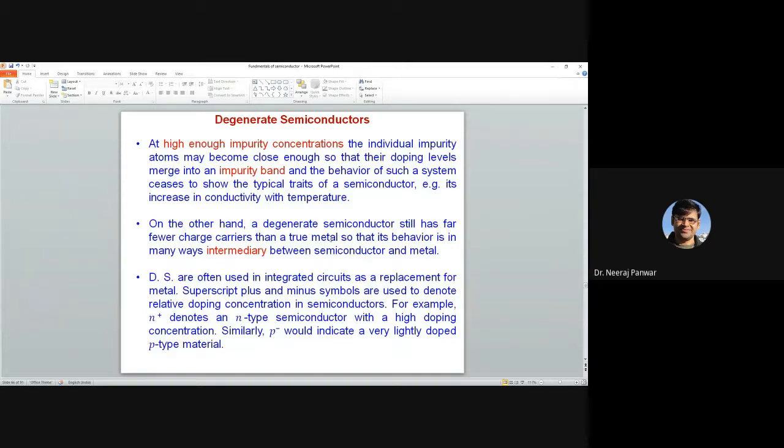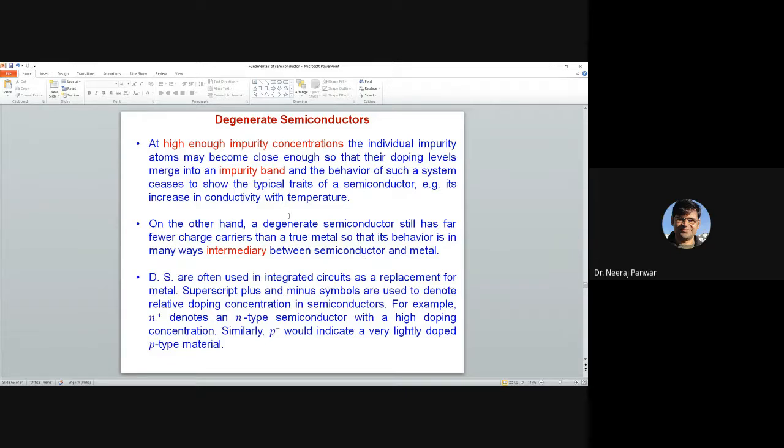But here we have 10 to the power 18 to 10 to the power 19 per centimeter cube, which is much smaller than 10 to the power 23. So it still behaves like a metal, but it is not actually a metal. Its behavior is intermediate between semiconductors and metals.